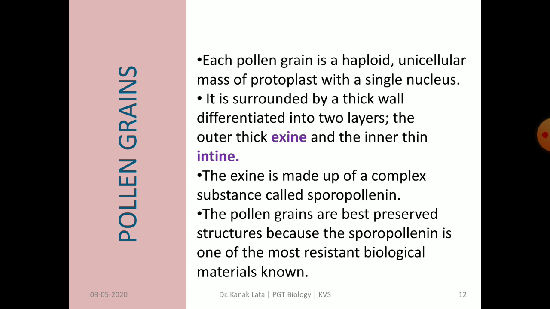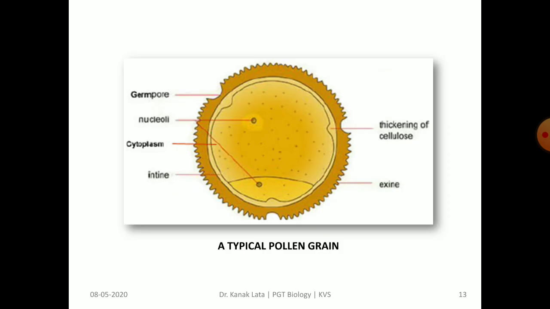The exine is made up of a complex substance called sporopollenin. Due to the presence of sporopollenin, pollen grains can be preserved, and they are the most resistant biological material known. This is the diagram of a typical pollen grain showing its various parts like exine, intine, nuclei, cytoplasm, germ pore, etc.